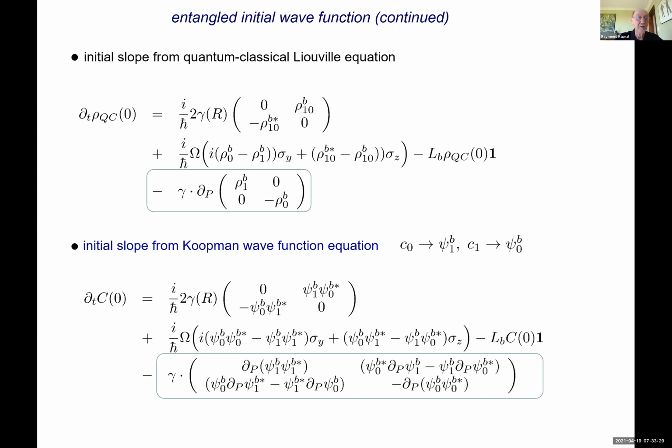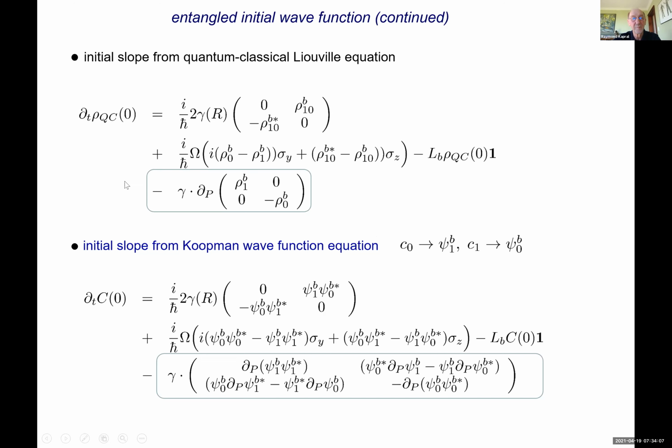For this particular initial density, I've written the initial slope that arises in the quantum classical Liouville equation. So you have the coupling term times a matrix involving the off diagonal elements, and then you have various combinations involving the difference of the populations and the off diagonal elements and classical evolution.